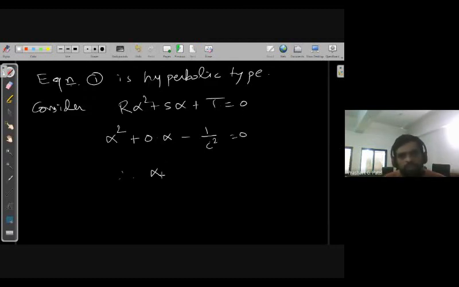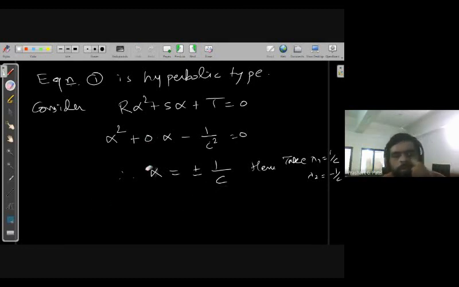Therefore alpha is equal to plus or minus 1 by c. We take lambda 1 equal to 1 by c and lambda 2 equal to minus 1 by c.